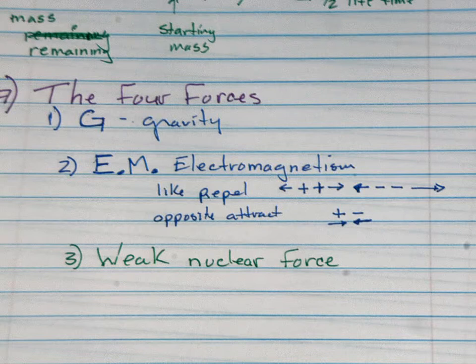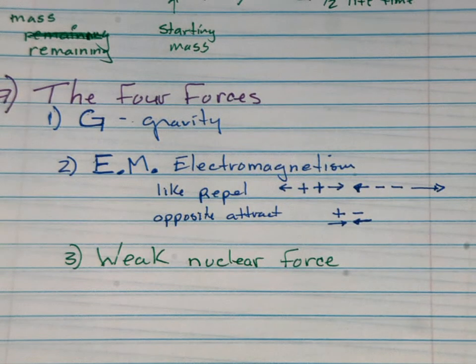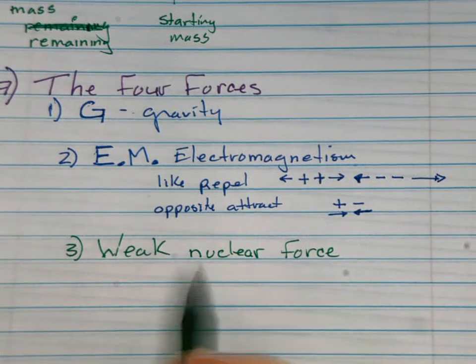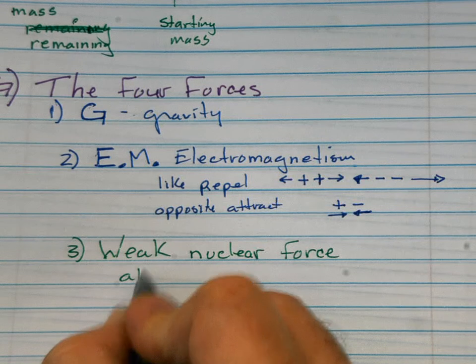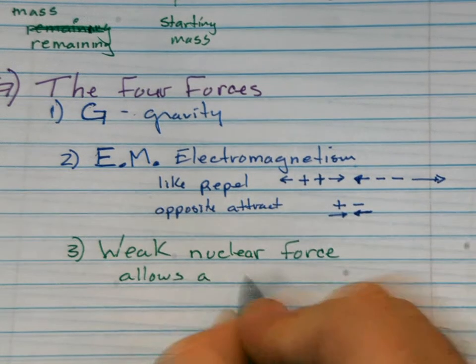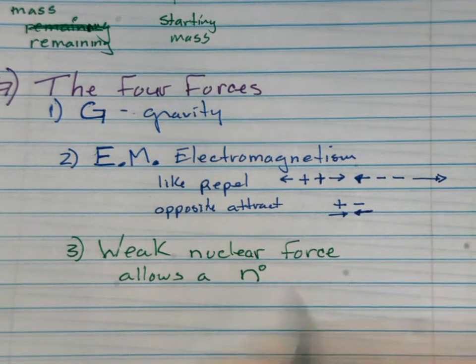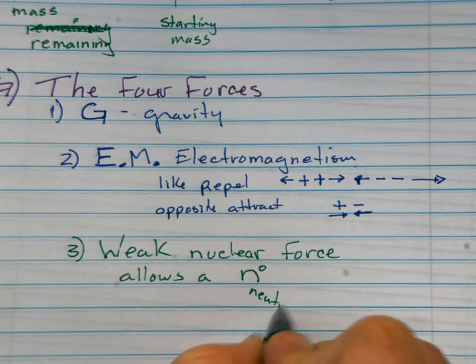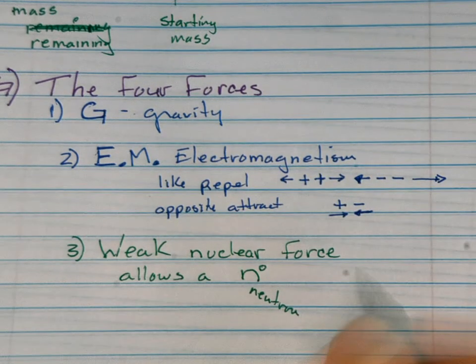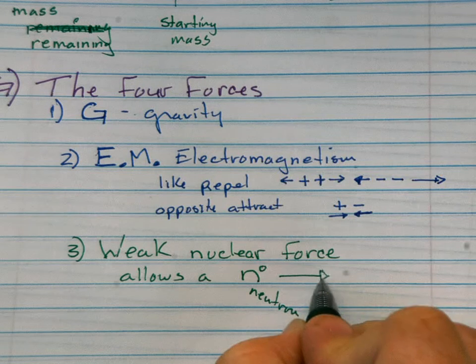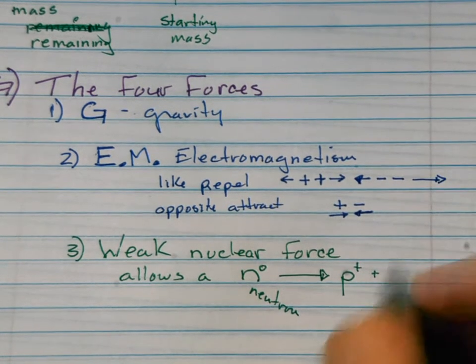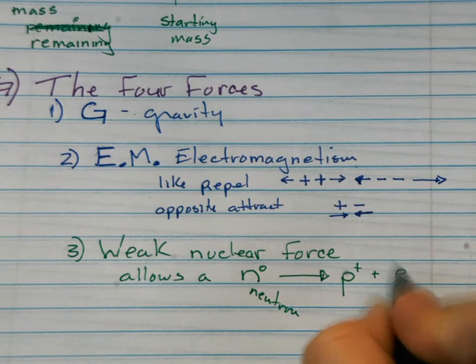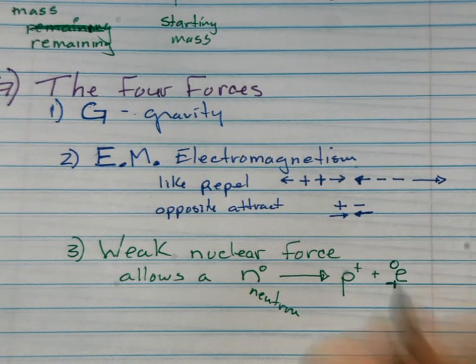And this is a force that allows a lot of nuclear reactions to occur. And for us, in our class, the biggest part of the weak nuclear force is that it allows a neutron, which I'm going to write as n sub 0, to change into a proton with a plus charge plus an electron, which we have written as e with a 0 mass and a -1 here.